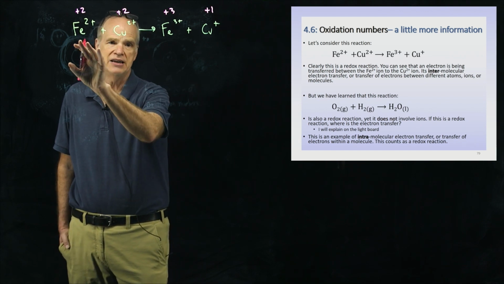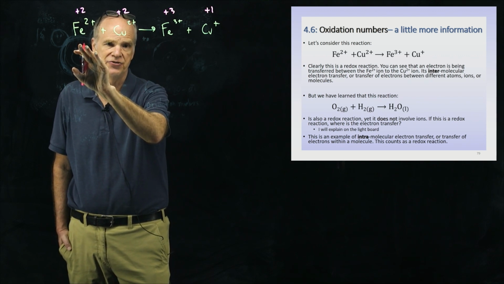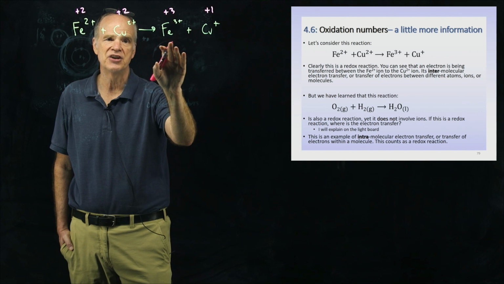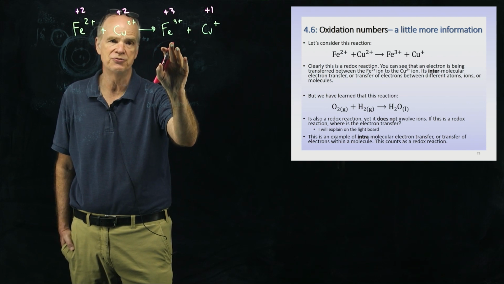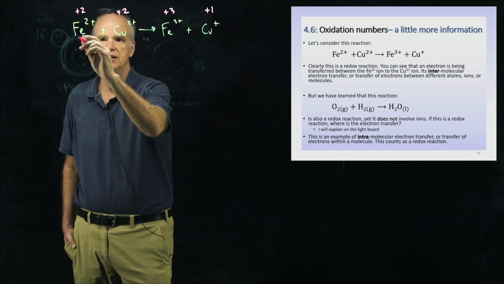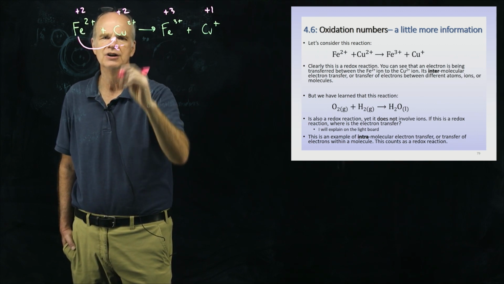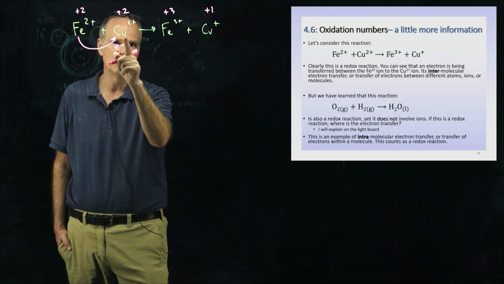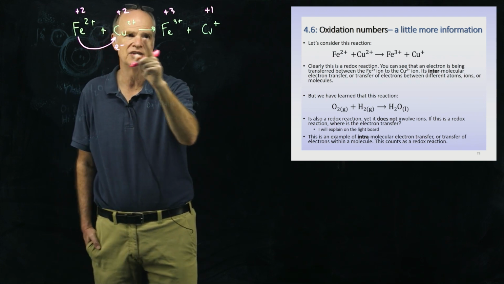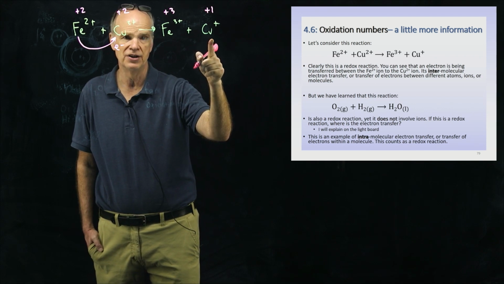So you can see that here. Iron 2+ here as a reactant is deficient in 2 electrons. As a product, it's deficient in 3 electrons. That means it must be losing an electron. And so this electron will be going over to copper here, and then it will take copper, which is deficient in 2 electrons, and change it so it's only now deficient in 1 electron.